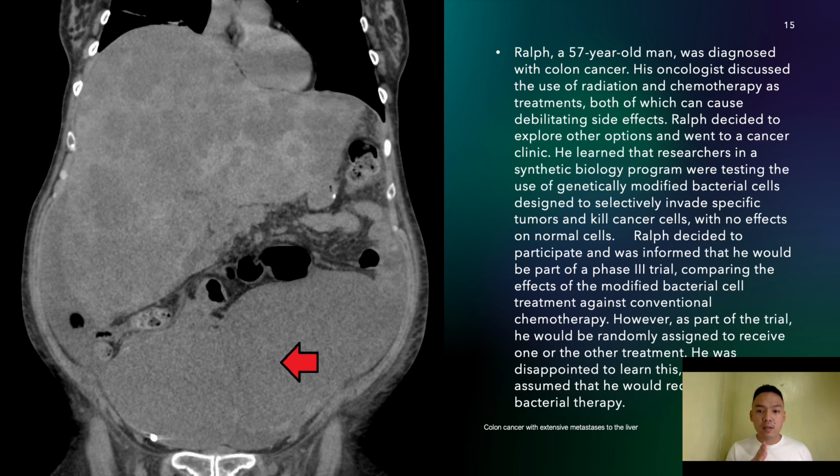So this colorectal cancer is really one of the most debilitating diseases or cancers in the world, and as a result, about 1 million people will get colorectal cancer every year.